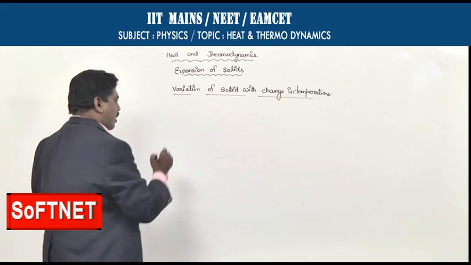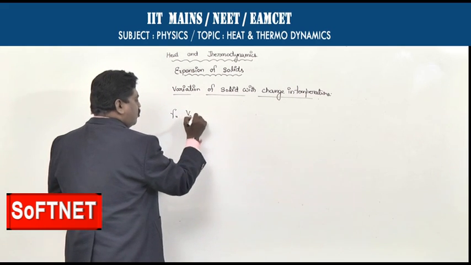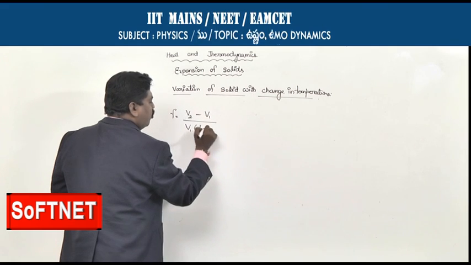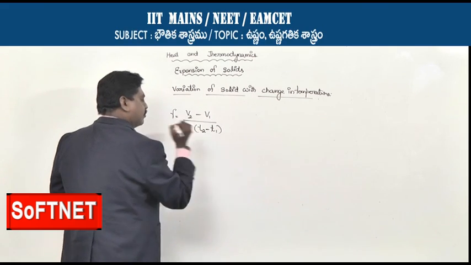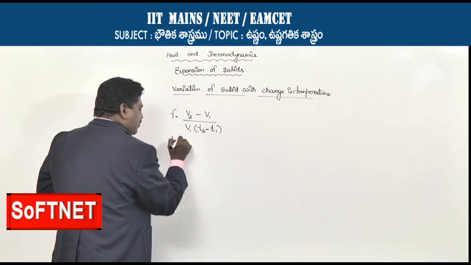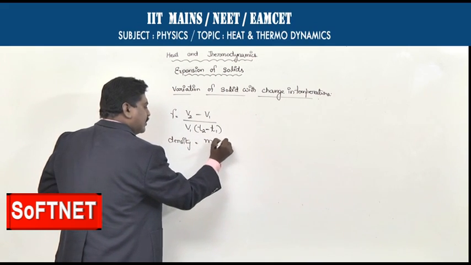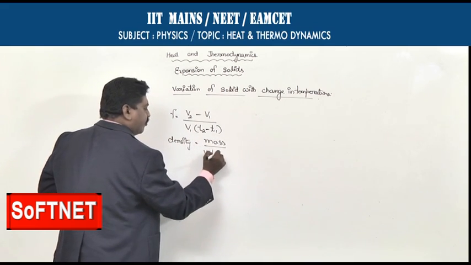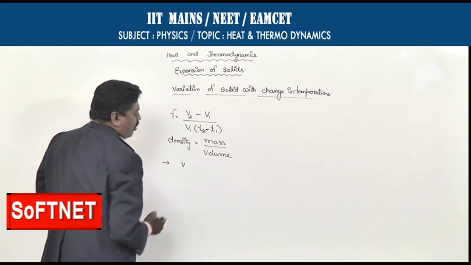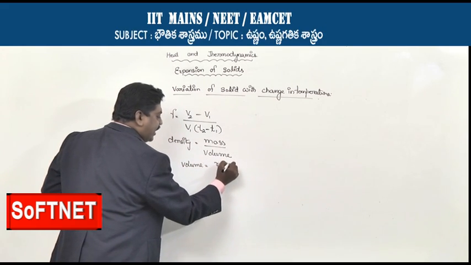We know that gamma is equal to (V2 minus V1) by V1 into (T2 minus T1). But in general, density is equal to mass by volume, from which we can write volume equals mass by density.